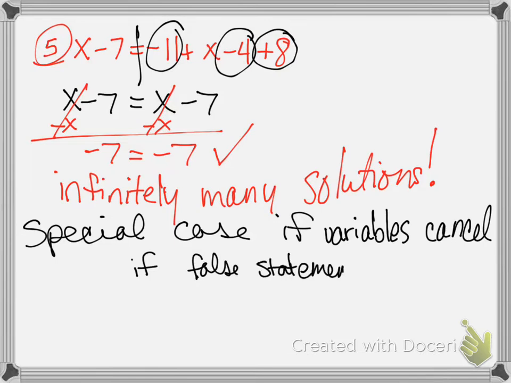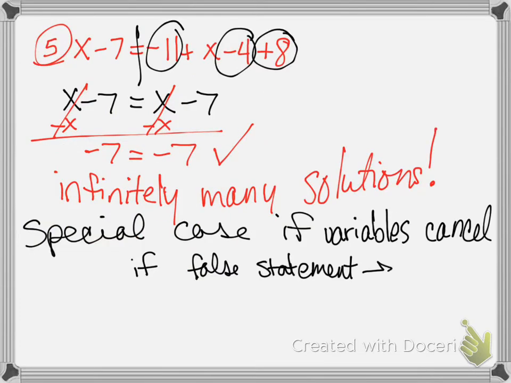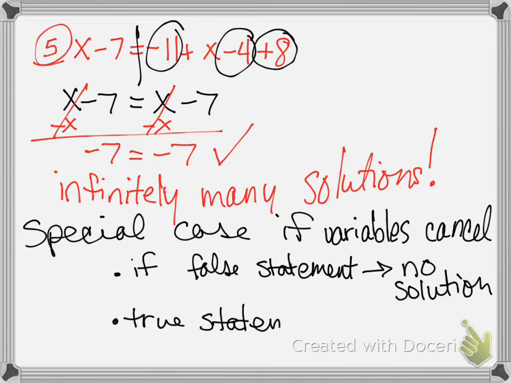And then what I'm adding here is if you get a false statement. So like in our previous example where we had 10 equals 5, that's a false statement. If you have a false statement, then it is a no solution. If your variables cancel out and you have a true solution or true statement, that is the case that we just covered, which is infinitely many solutions.